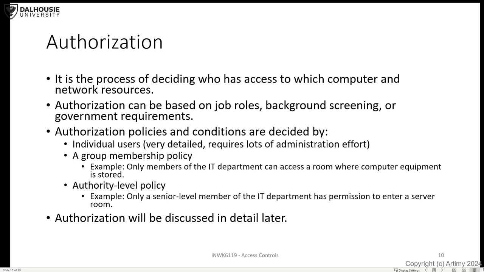All programmers have similar authorizations to access certain resources. So we can develop our authorization policy based on groups and so on, right? So we can do it by individuals, we can do it by roles, we can do it by just being a member of a department or an employee of a department. So we'll talk about these systems later on.